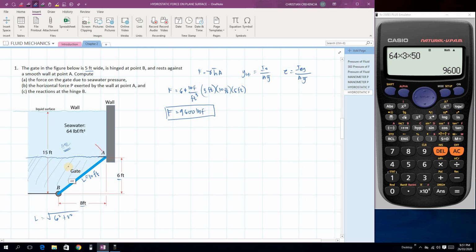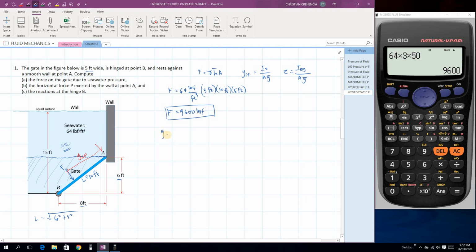So kung ito yung location ng force F, move ko pa siguro. Okay. So let's say natin yung location ng force F natin. Then yung distance natin from liquid surface is yung ating YCP, center of pressure. So that is again from the liquid surface.